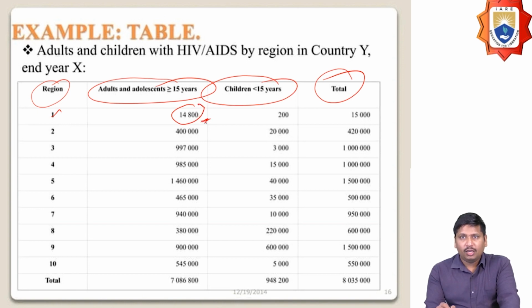Similarly, for children less than 15 years, I have 200. The sum of this will be 15,000. Similarly, if I take another region, the number of adults older than 15 years is 4 lakhs, and children 20,000, and the sum should be this.